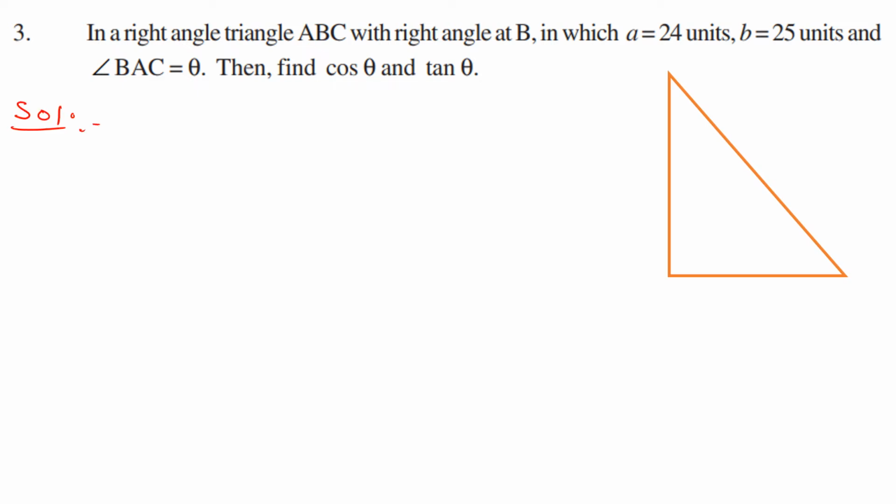So in this right angle triangle ABC, the right angle is at B. Take BC as a, AC as b, and AB as c. Here they have given that BC is 24 units and b is 25 units, and we need to find AB. In a right angle triangle ABC, angle B equals 90 degrees and angle BAC equals theta. So BC equals 24 units and AC equals 25 units.